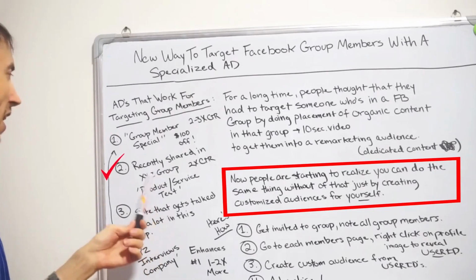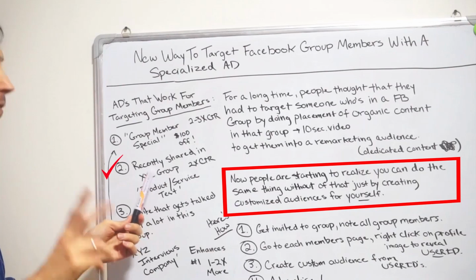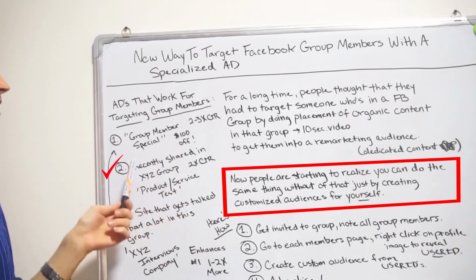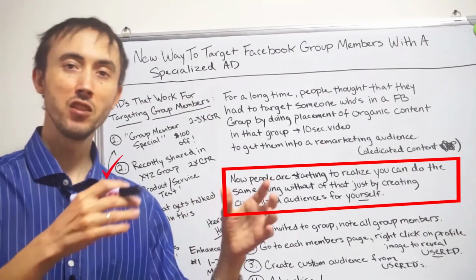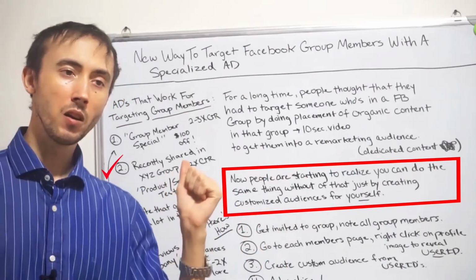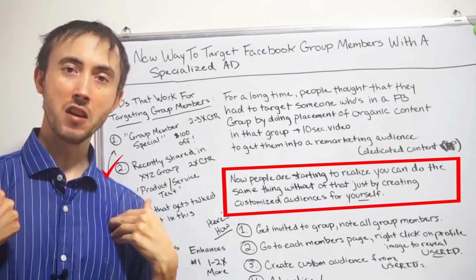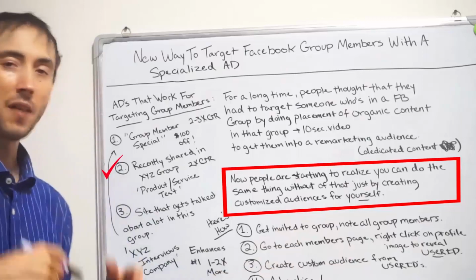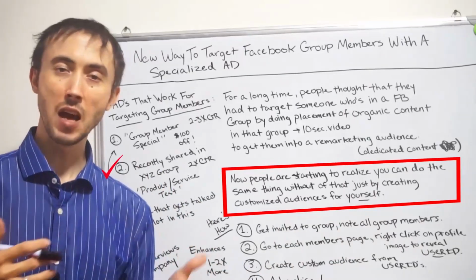The second kind of ad that I've used here that's worked for targeting group members is to say recently shared in XYZ group or recently shared in Sower's Paradise. So I trust what's shared in Sower's Paradise, otherwise I wouldn't be going to that group. Obviously some people aren't going there a lot, but a lot are.